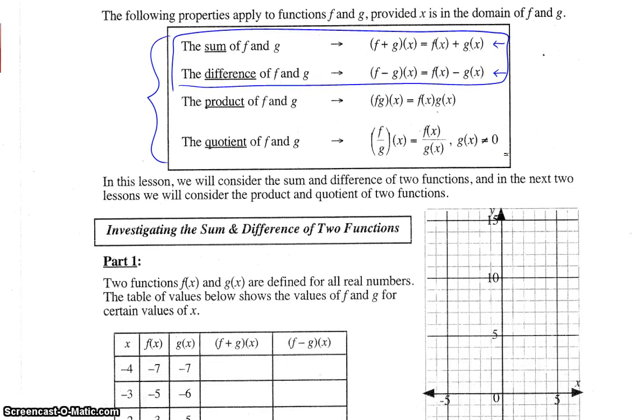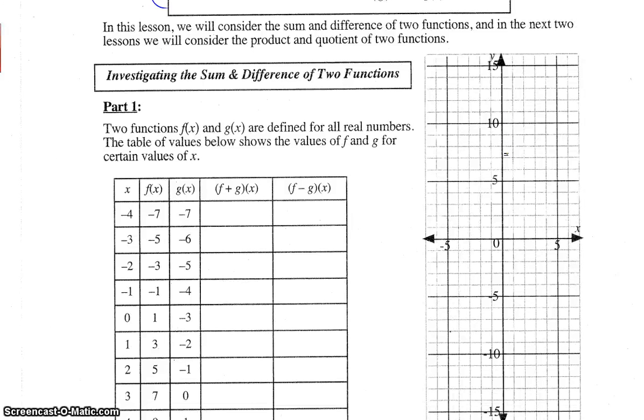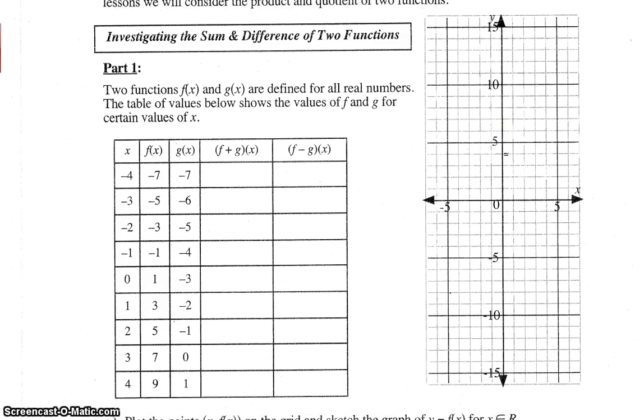Okay, so first of all, we're going to look at the first investigation. You're given a table of values for the functions f and g of x, and they tell you it's defined for all real numbers. So even though they've given us a few values for x, we actually have all possible values for x. They've given us the value for f of x, which is really the y value, and the y values that correspond to these x values for g of x.